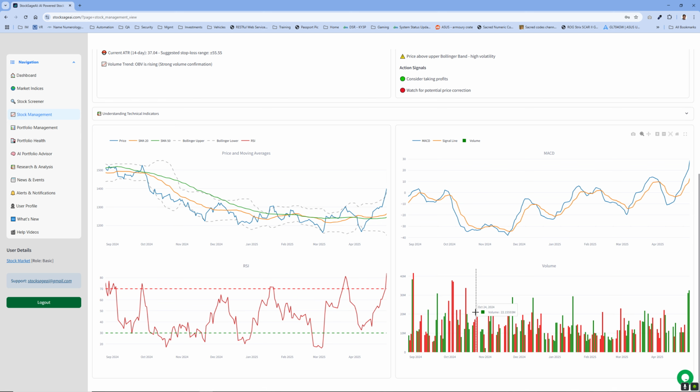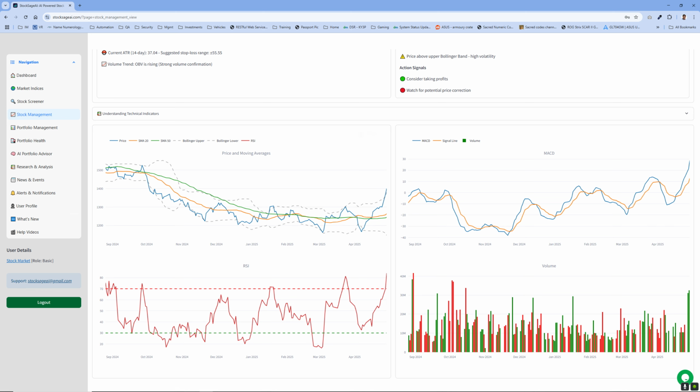Okay. So if we use all of this information, we can identify our support and resistance levels. We can identify our stop loss range. We can get all this data from the deep analysis of these indicators.